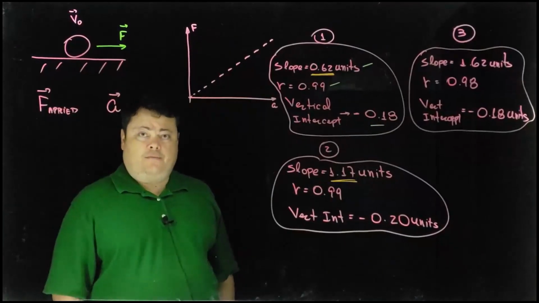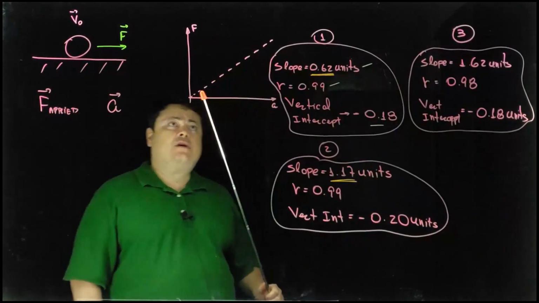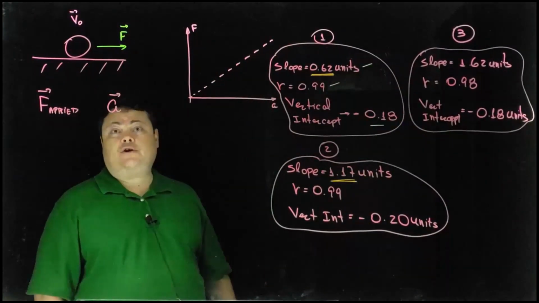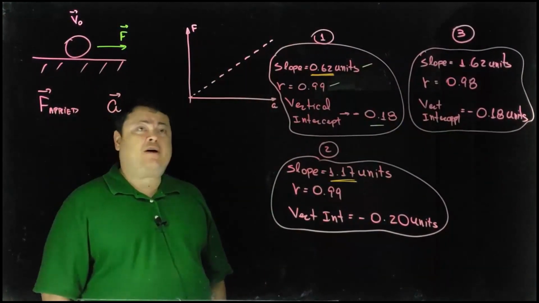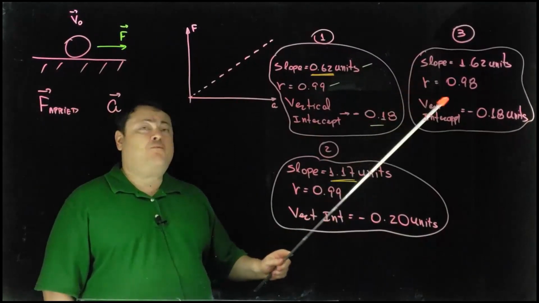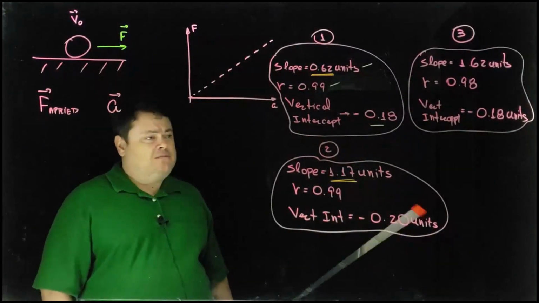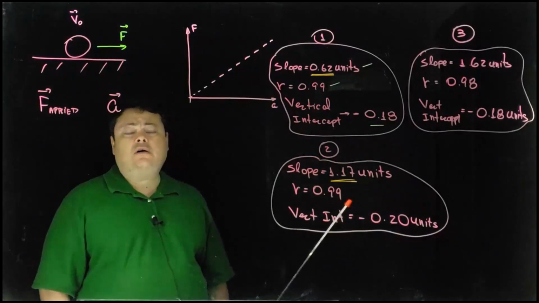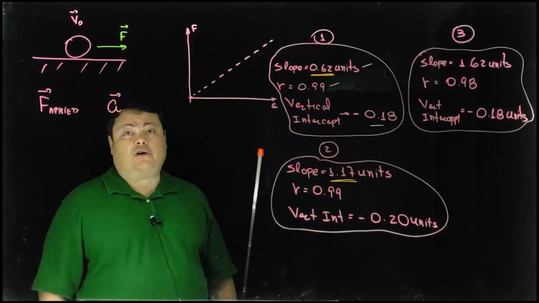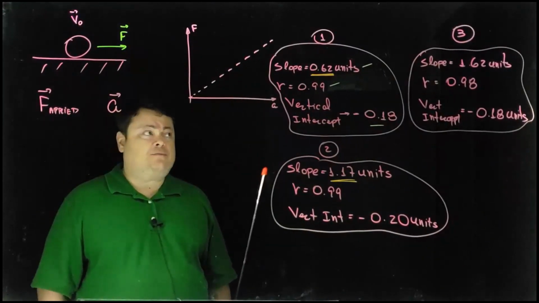Experiment number 3 gave me the very same force versus acceleration graph. The same shape of the graph, a correlation of 0.98, slightly less than what I had before, but we need to admit it was harder to keep the masses all moving together.